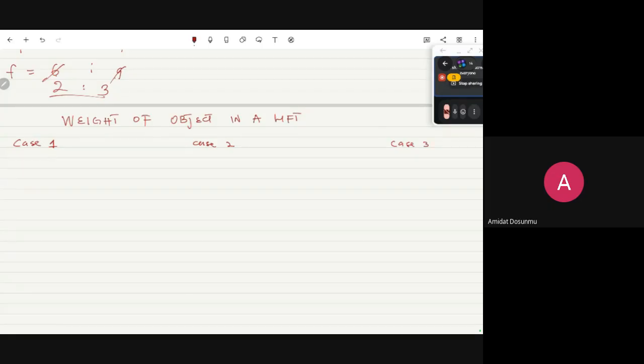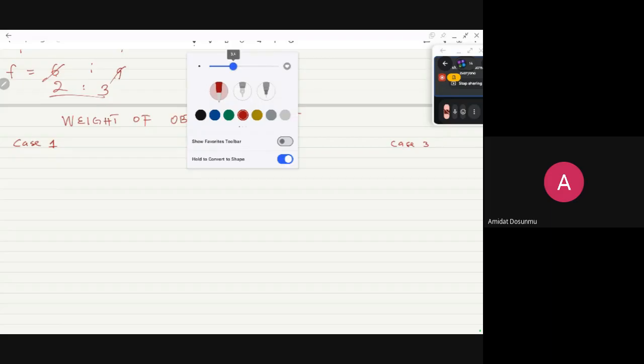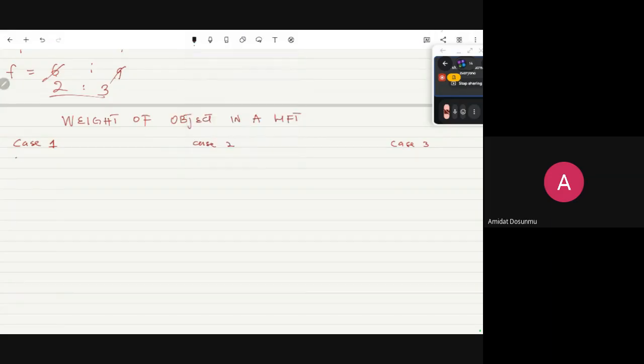Case 1 is the lift accelerates upward. Case 2, the lift accelerates downward.